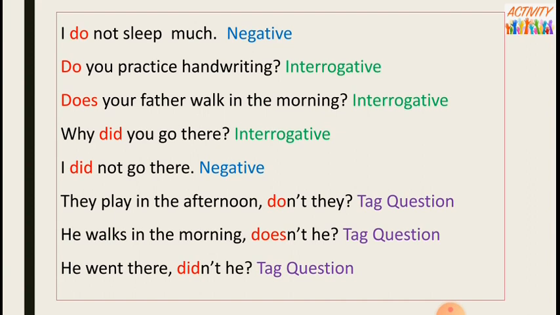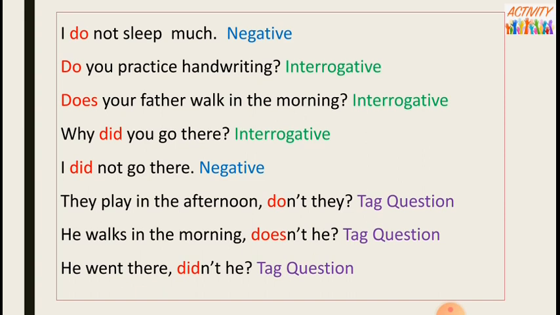And the third, fourth and fifth are questions, so interrogative sentences: Do you practice handwriting? Does your father work in the morning? Why did you go there? Then again we have another negative sentence: I did not go there.